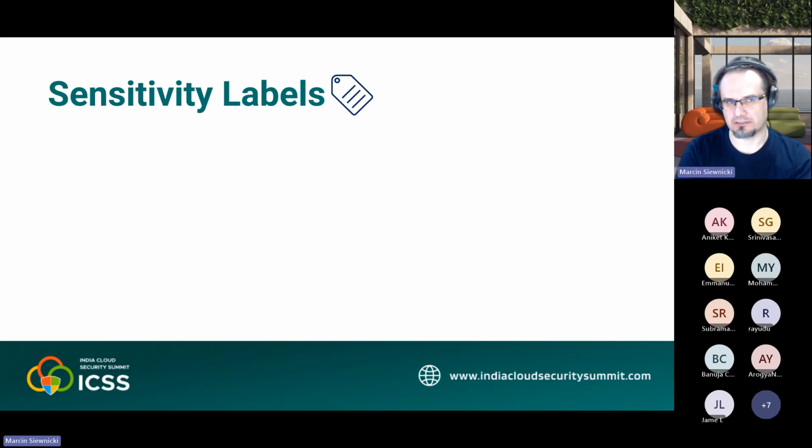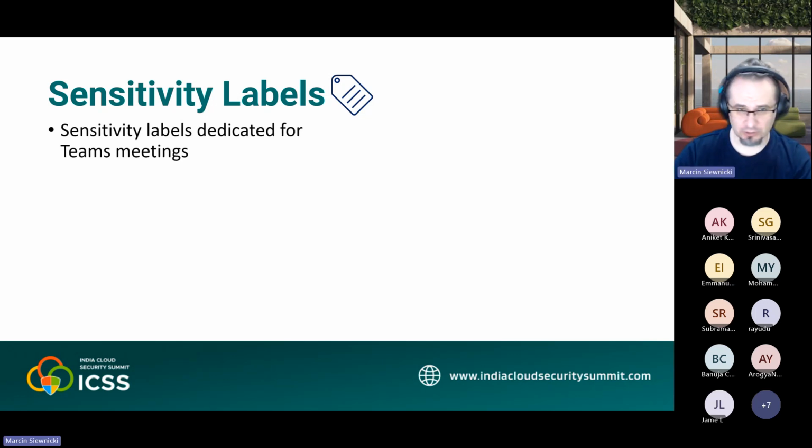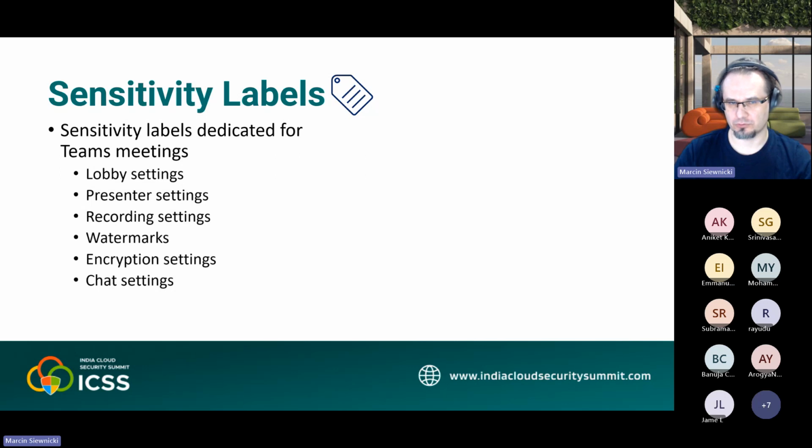Then sensitivity labels. This one is great if you need to control large organizations, meetings with multiple departments, a lot of confidential information. So you can assign sensitivity labels from Microsoft Purview to dedicated Teams meetings, and then those meetings will inherit all the settings from the sensitivity label.